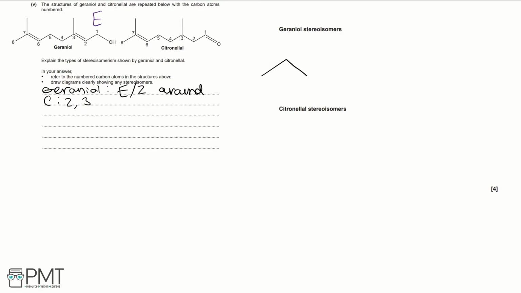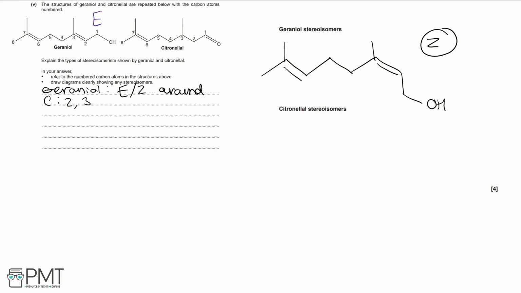Drawing the Z isomer, we have most of the compound the same. However, around our carbon 2 and 3 double bond, we would have our group going down rather than going up, so that the highest priority groups are on the same side of the carbon-carbon double bond. So this is our Z isomer.